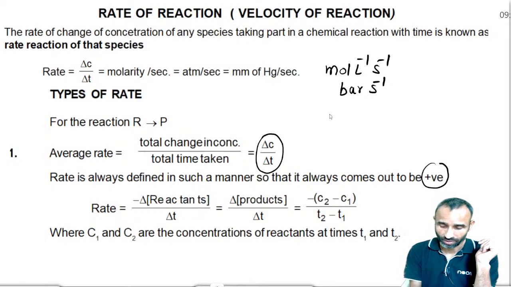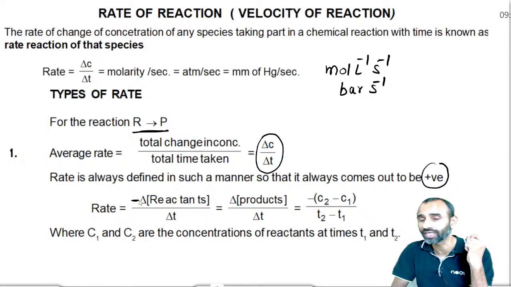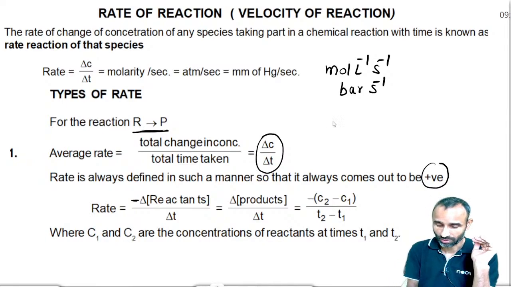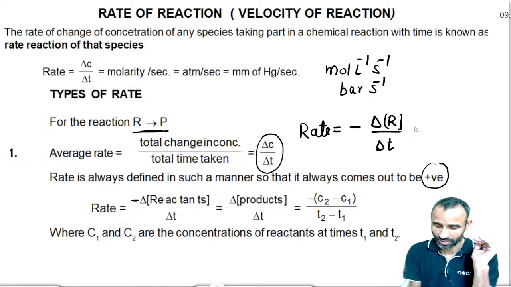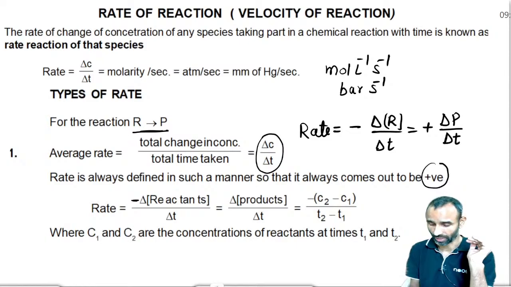That's why when we have reactant to product, we put a negative sign before the change in concentration of reactant to make the rate of the reaction positive, because it is minus delta R by delta T or plus delta P by delta T.